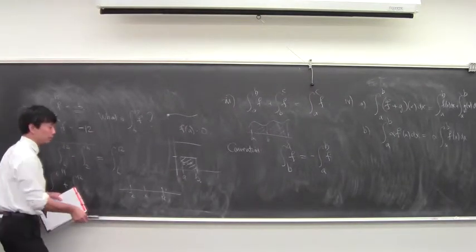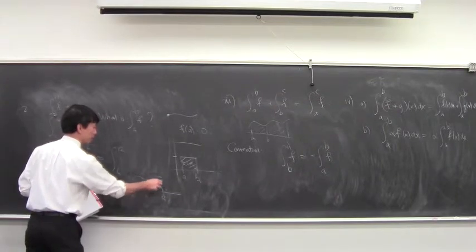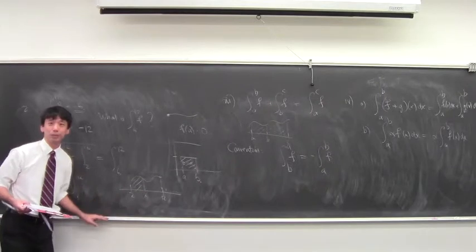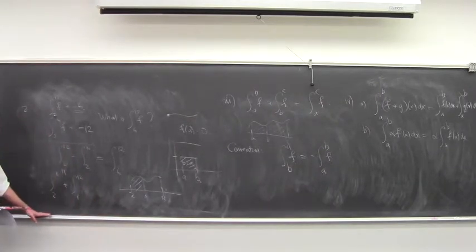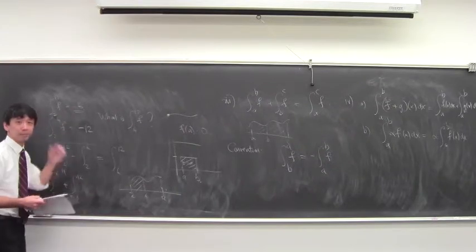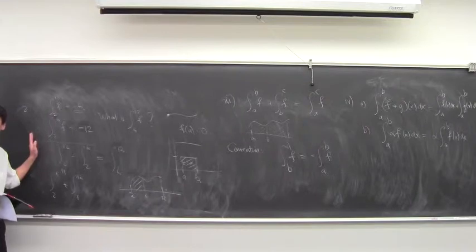So just take the integral from 2 to 12, and subtract off the integral from 2 to 6, and you're left with the integral from 6 to 12. So you end up with 6. Everyone all right with that?